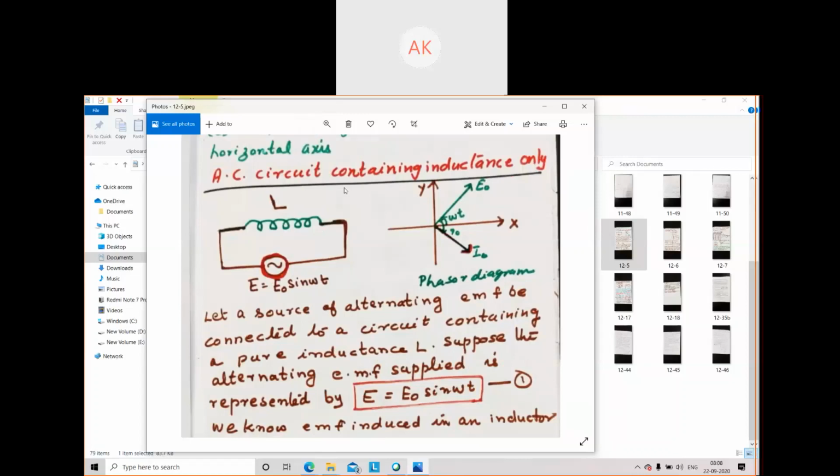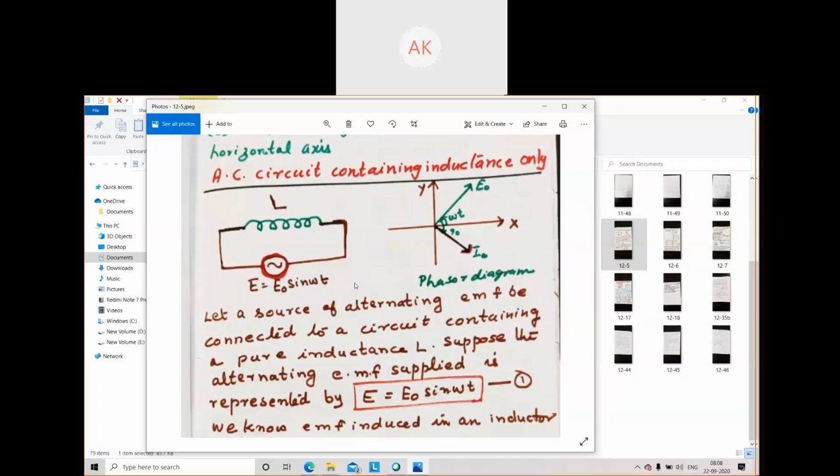Last class we discussed AC passed through a resistor. First we consider E equal to the instantaneous value of EMF, E equal to E0 sin omega t, passed through the resistor. And that time the current we found is E0 by R, that's equal to I0.